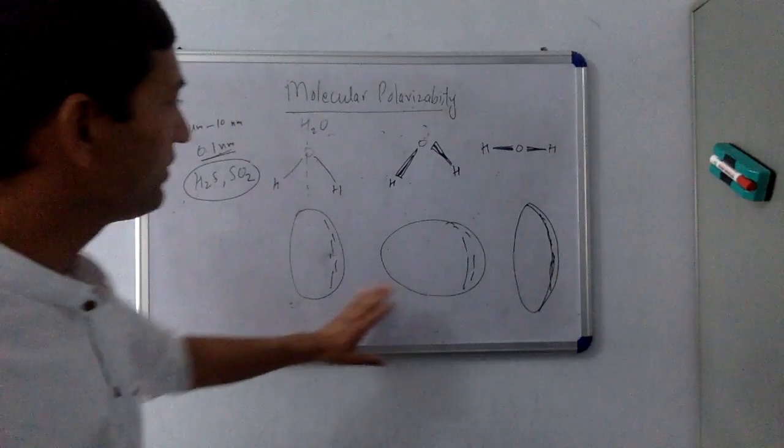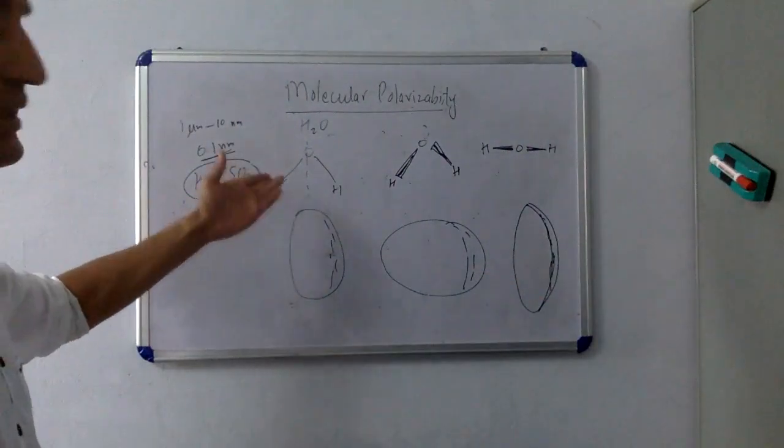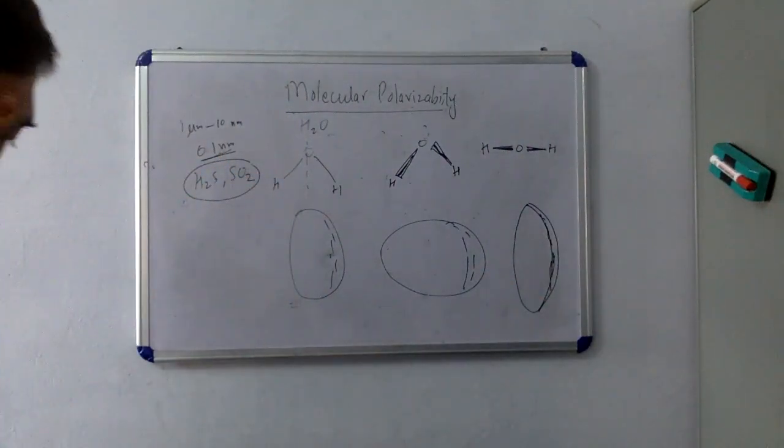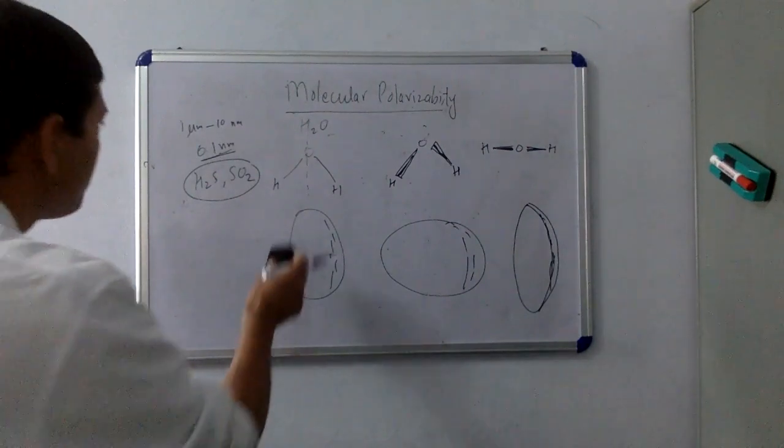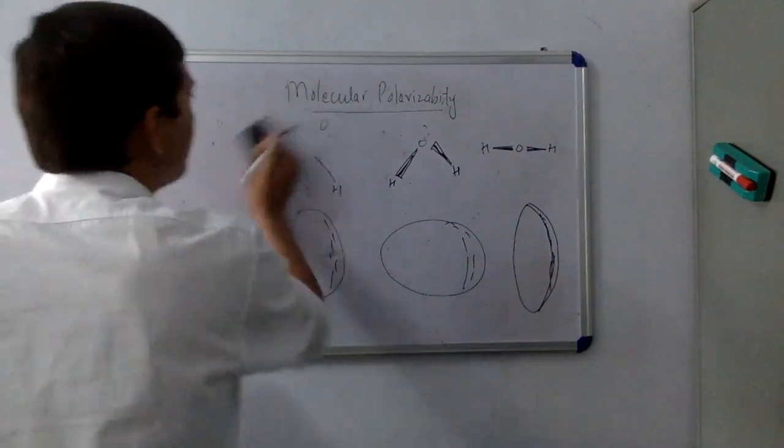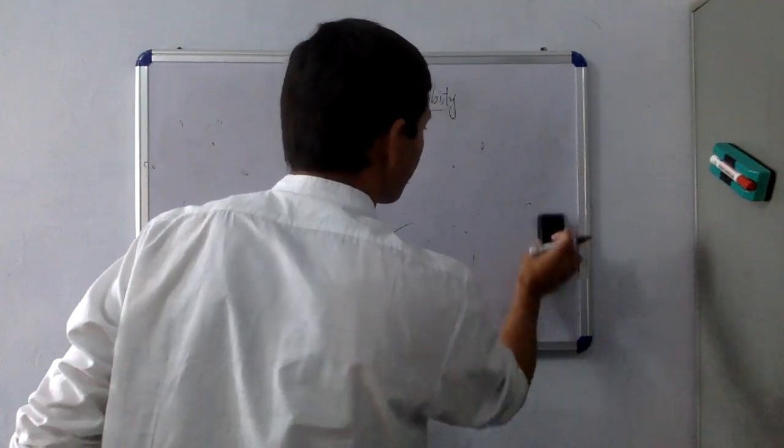But the shape will be the same for H2S and SO2. Now, going into the detail of another structure of molecules.